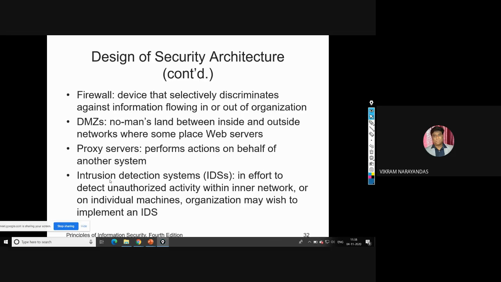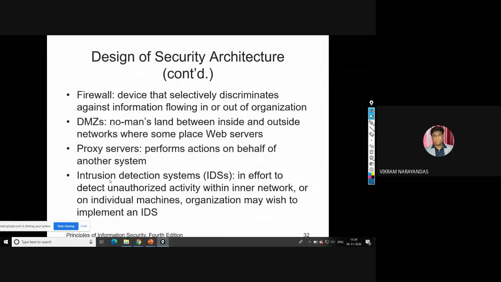Firewalls, DMZ and proxy servers are the old concepts. But if you see the latest papers, there are so many concepts, like we are using the IDS, intrusion detection systems, in the security concepts of your paper.